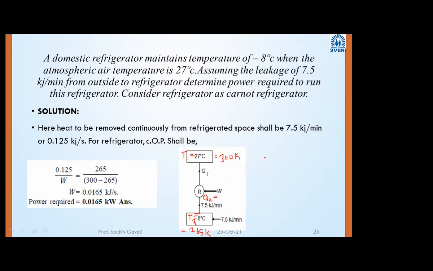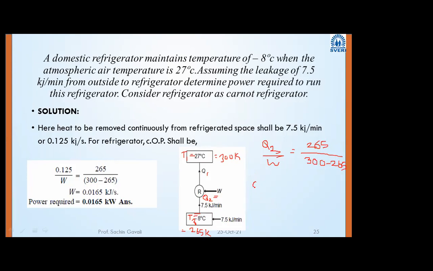COP is output divided by input. Output is Q2 divided by W, which is a function of temperatures: T2, 265, divided by W, which is Q1 minus Q2, that is 300 minus 265. Now 7.5 kilojoule per minute.